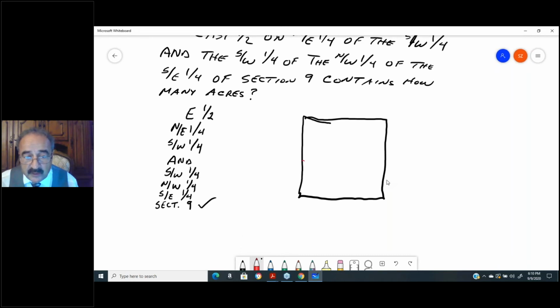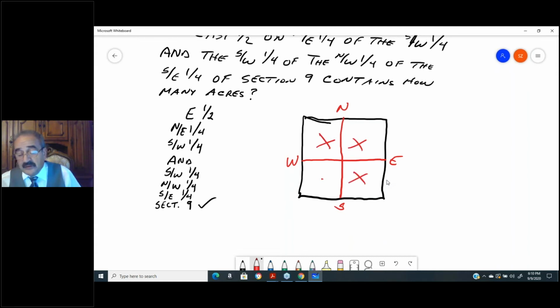Remember, what I do is I quarter this first. I always put my compass points. And what I want is the southwest quarter, which is this one here, which means I don't want these. There's going to be some erasing on this, but that's okay. So I got the southwest quarter. That's done. My next step, because I eliminated all of these X's, those parts are eliminated. I want what's left over, which is here, the northwest 1/4.